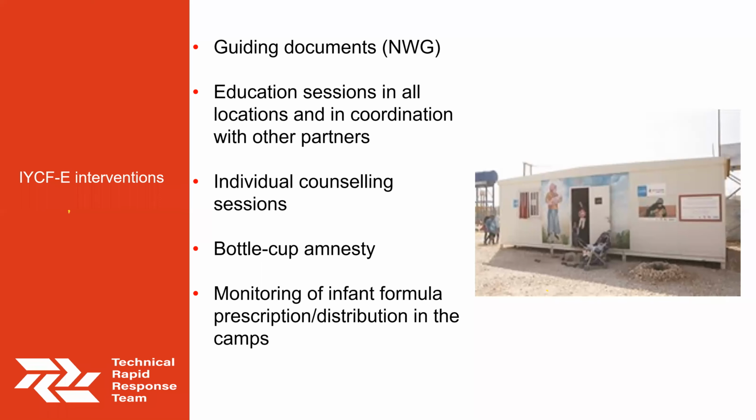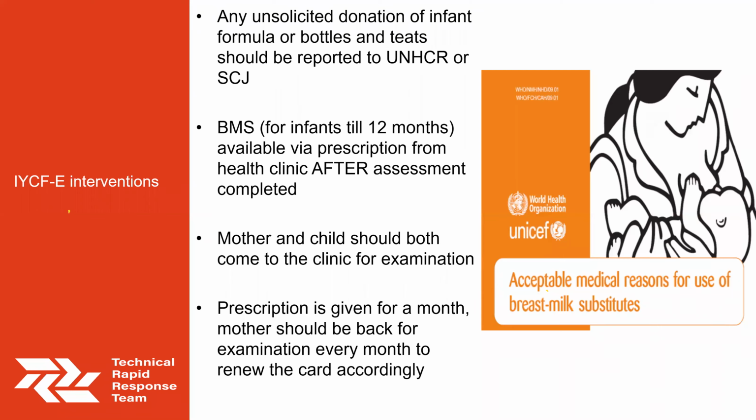And the fact that controlling BMS is a new concept triggered a very negative reaction from refugees. And most of them argued that BMS should actually be part of the ration distributed to each family with a child under 2 years old.